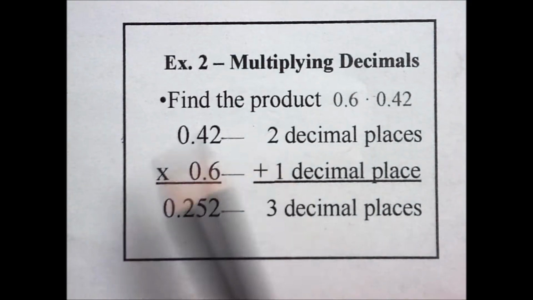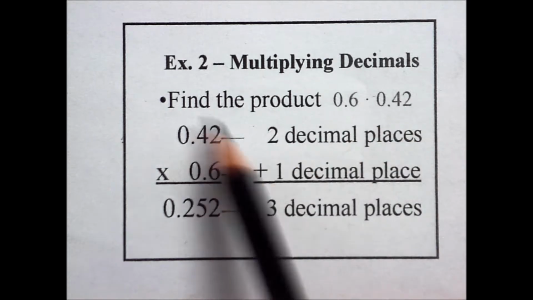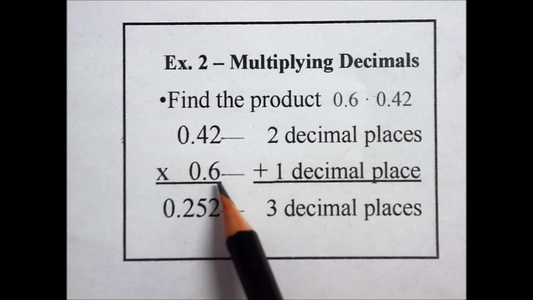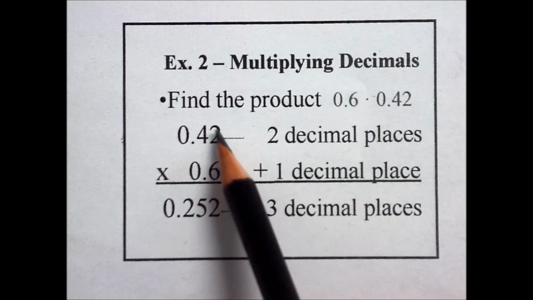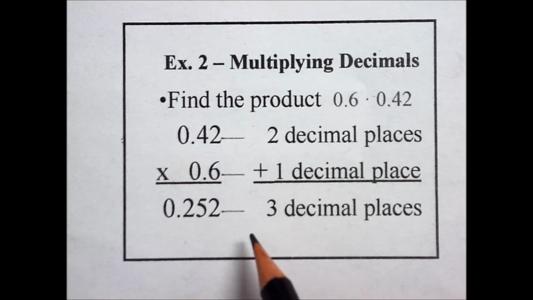All right, now we're going to multiply decimals times another decimal. So notice we're going to line them up the same way. We basically ignore the decimal and we line it up by digits. We will not look at the decimal until we're done with the problem.